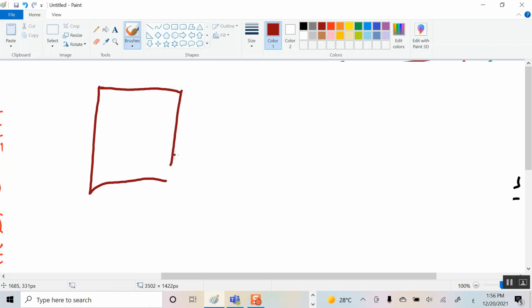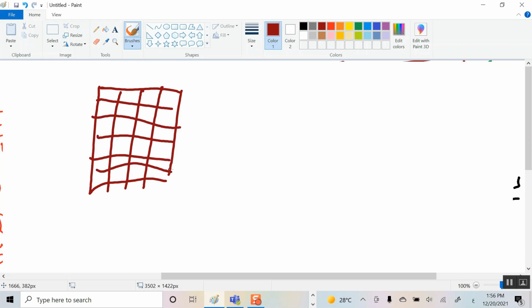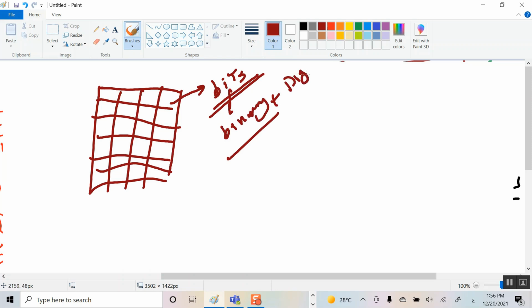I know that any image in the world, whether it's an X-ray or a grayscale image, consists of pixels. Each pixel, as we mentioned before, contains a certain number of bits. We previously talked about these bits, which are the binary format of your signal.